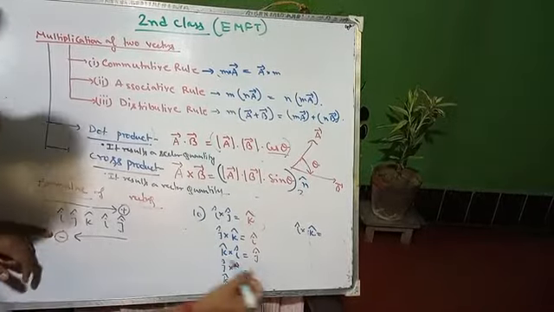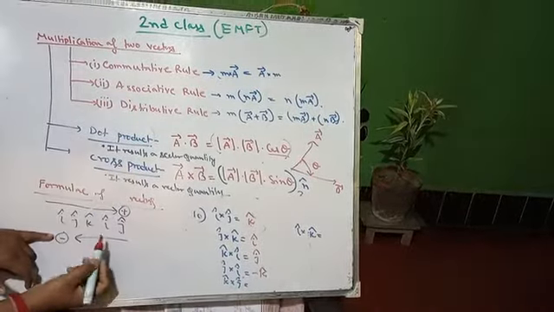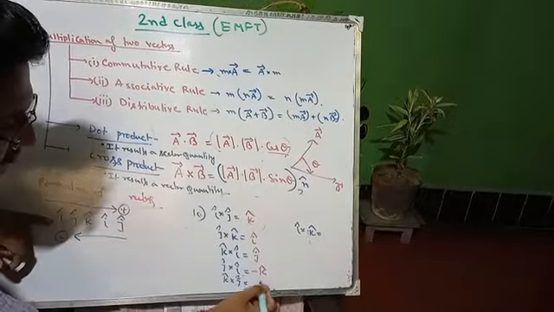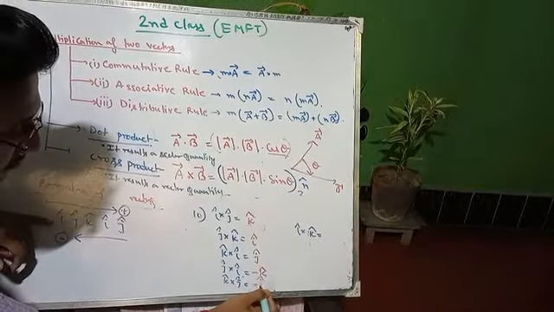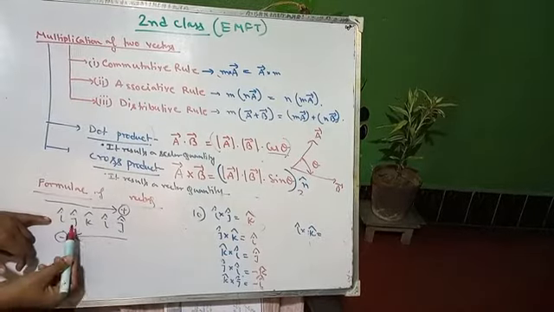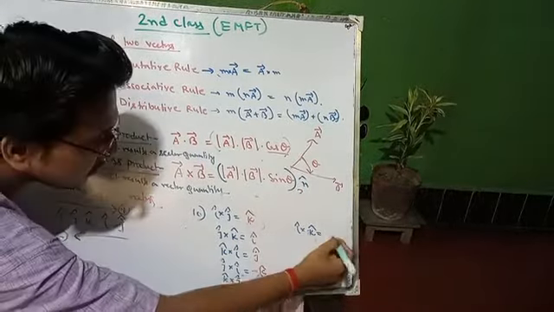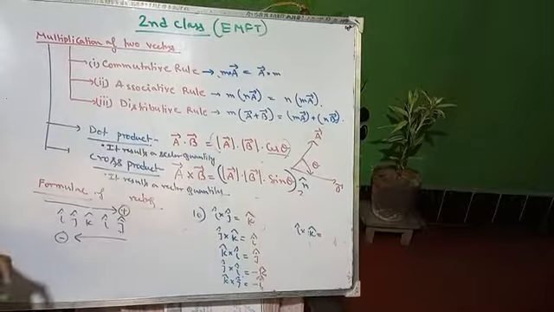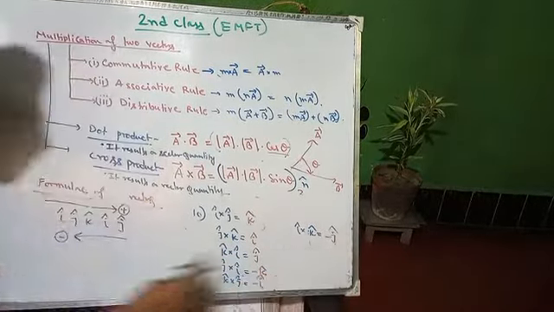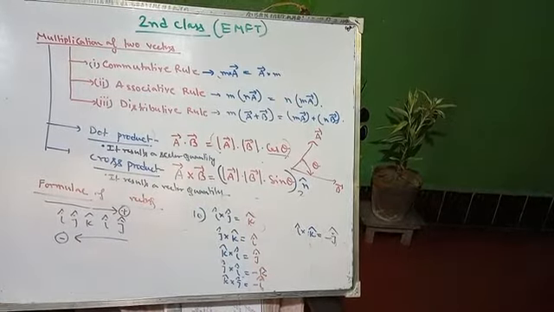Similarly, k cross j shows minus I, and I cross k shows minus j. This is a unique way to remember the cross products of these unit vectors.